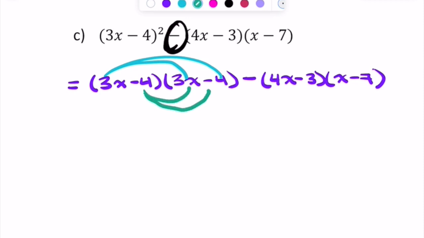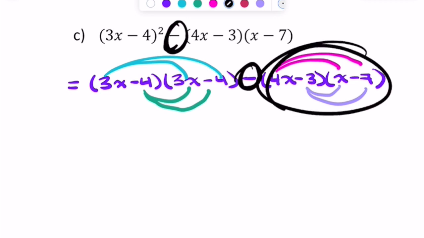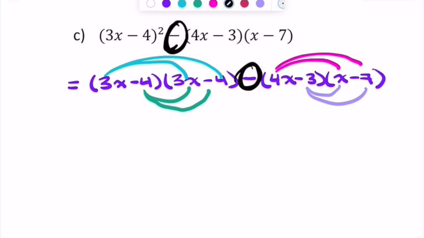Same with that -4. Same idea with this 4x, and same idea with this -3. But the key thing here is that subtraction sign also has to get distributed. Now, it's hard to do all those distributions at once, so after I take a look at the second set of distributions that occur after my subtraction sign, I'm going to leave that answer in a big set of brackets so I can remember to distribute the subtraction to everything in them afterwards.